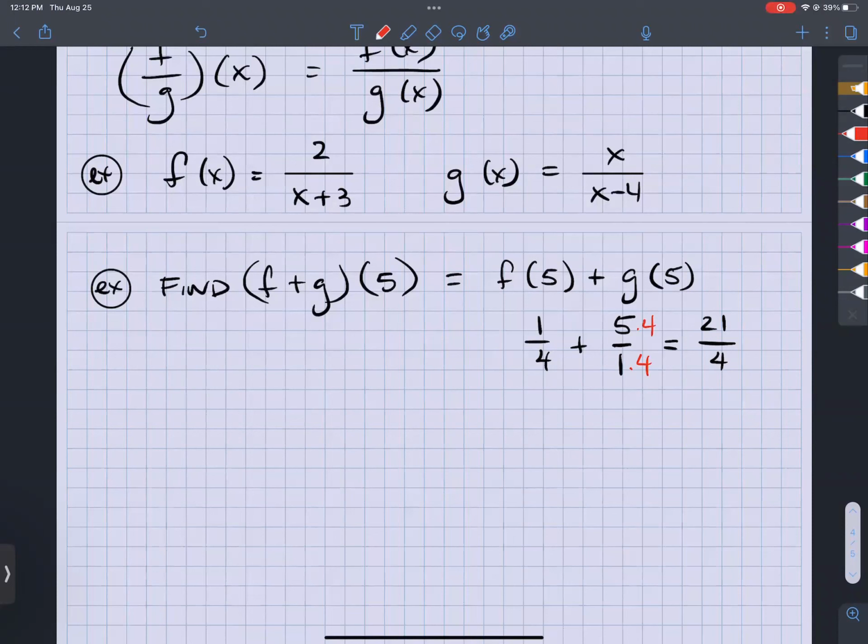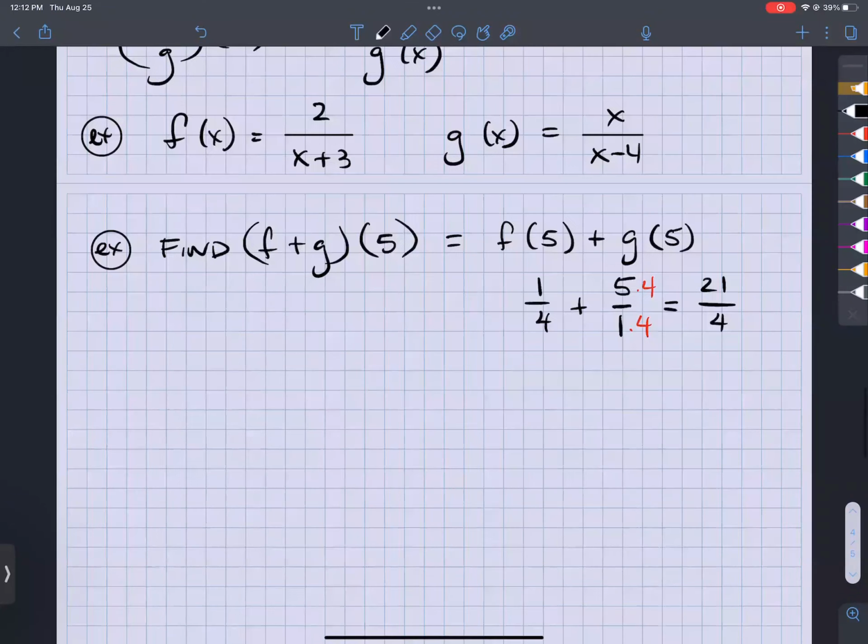Okay. However, chances are, since you're in pre-calc, we're going to say something more like this. We're going to leave it in x and not give you a number, because that becomes much easier, right?